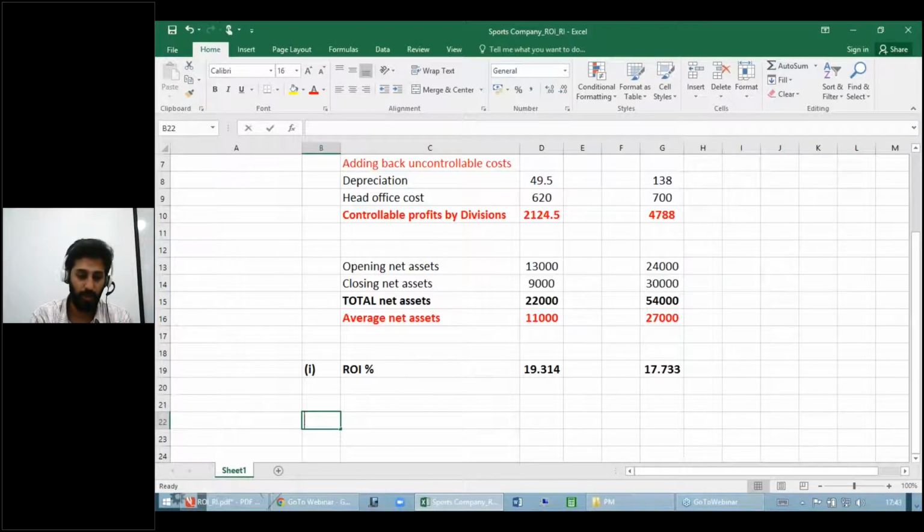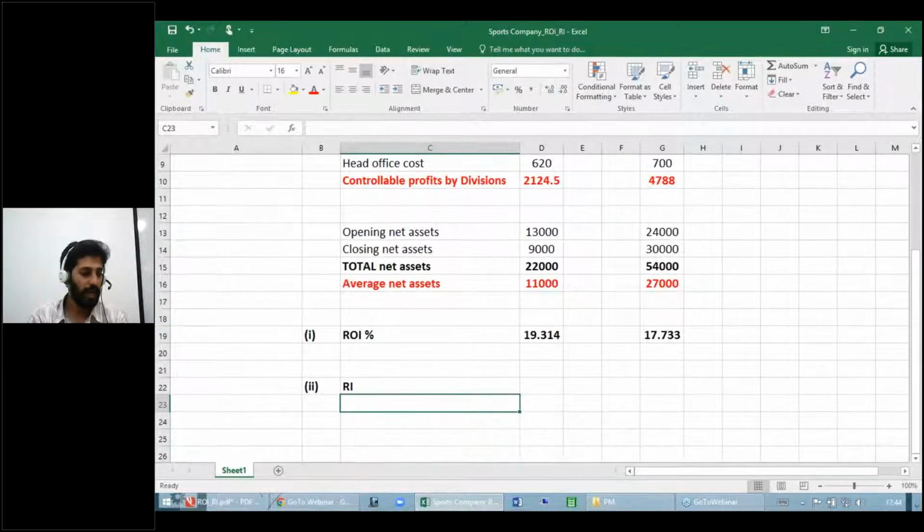Okay, now I'm just leaving 1 or 2 lines, that is RI, residual income. All right, we will be calculating RI, that's the residual income.